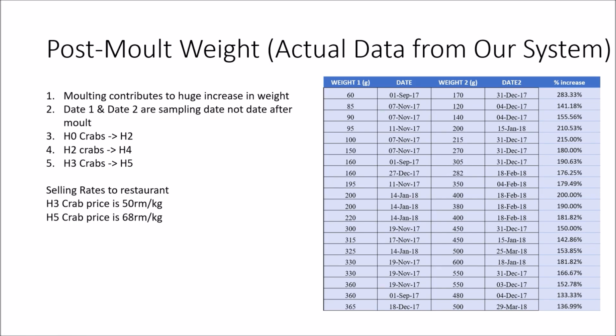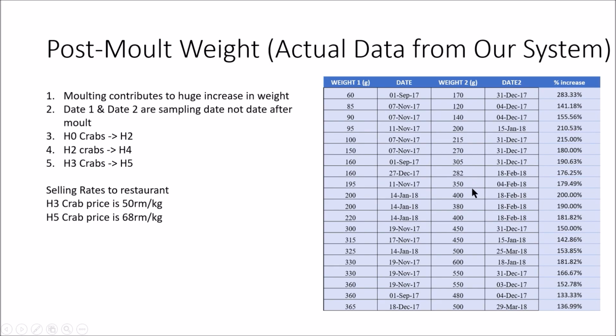Generally, what you can see is that crabs under 100 gram, after molting, will get to somewhere between 170 and 270, or 215. Crabs from 100 to 200 gram, after molting, will get to about 250 to 300 gram.